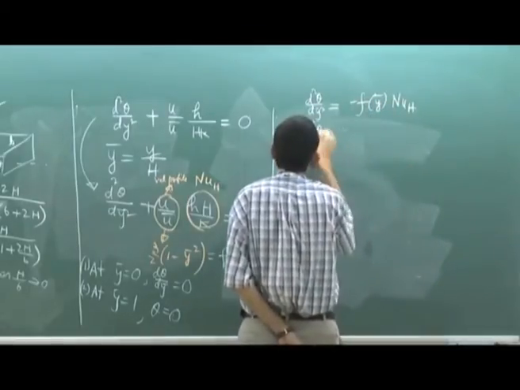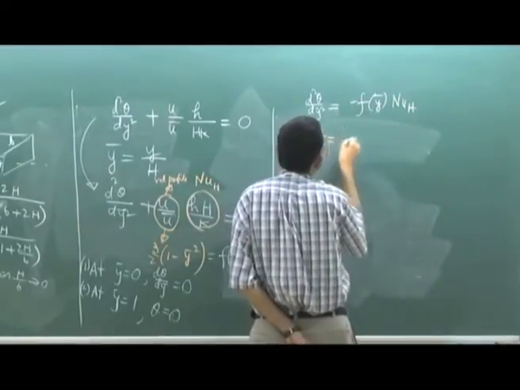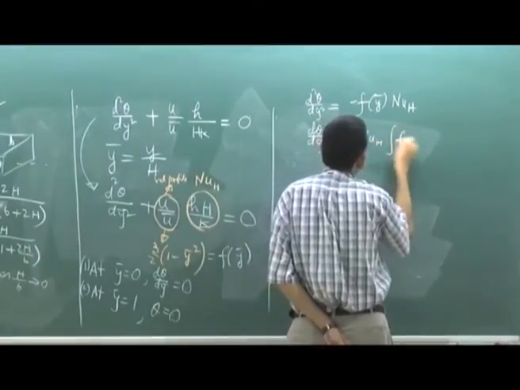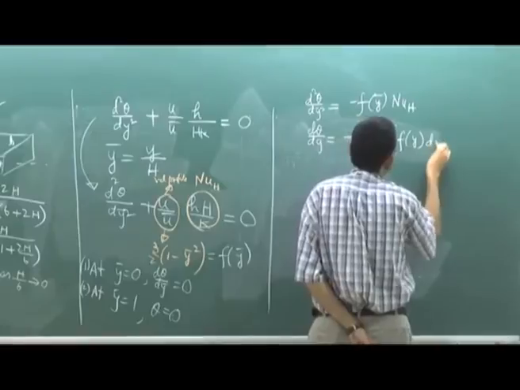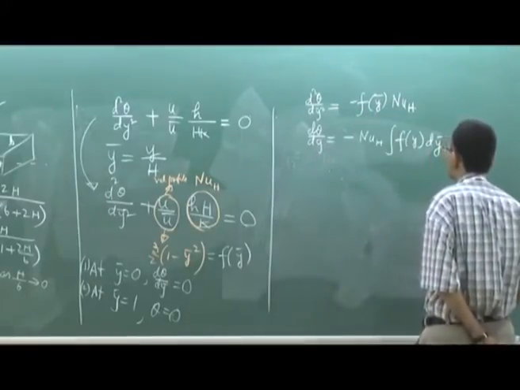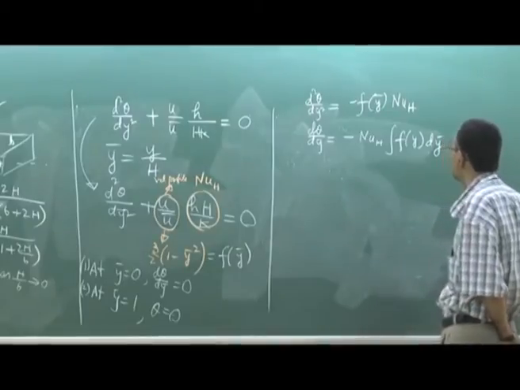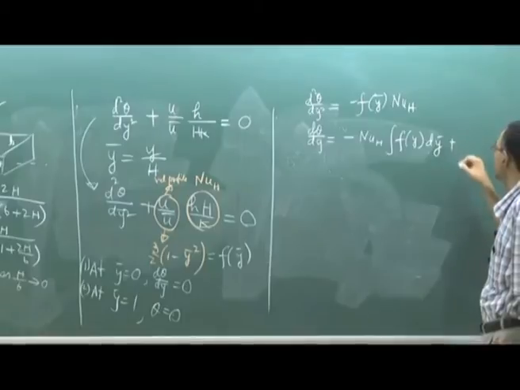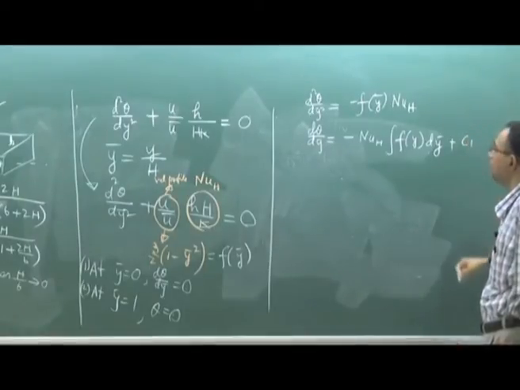So d theta dy is equal to minus Nusselt number integral of fy dy plus some constant C1.